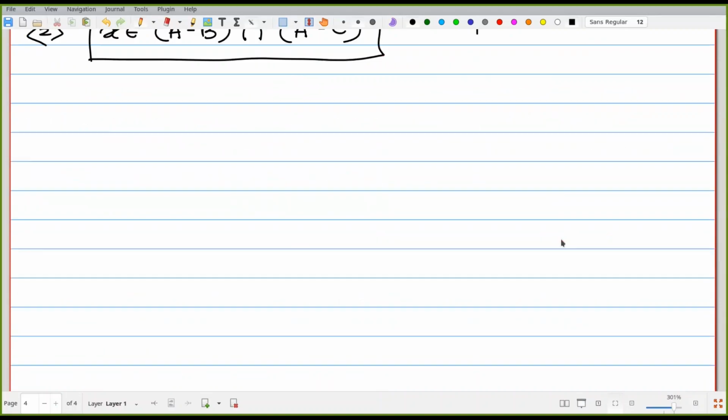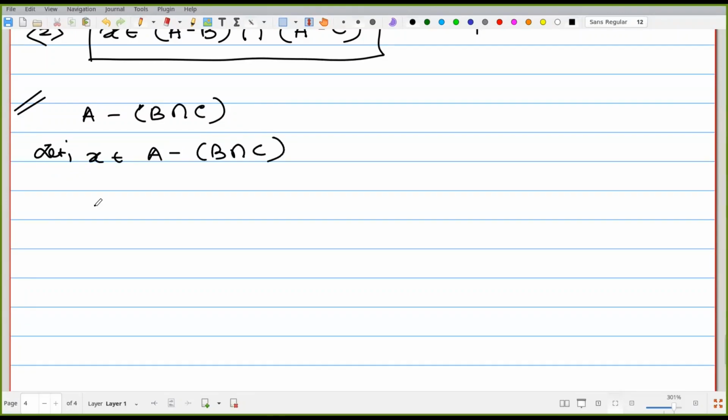Suppose another one we want to prove, that is the second generalized, A minus (B intersection C). So let x belong to A minus (B intersection C).